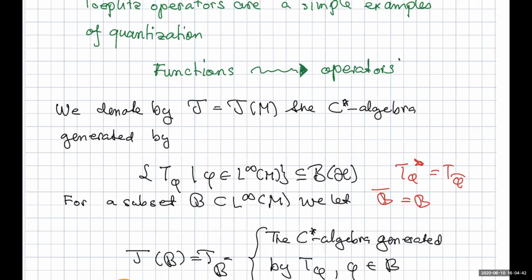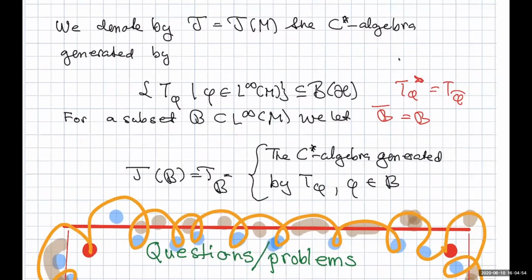So there is no loss of generality: if you have the B's, you can add to that all the complex conjugates. And then we usually get a smaller algebra. That is T of B, or T sub B. That is the C-star algebra generated by this subclass, okay?